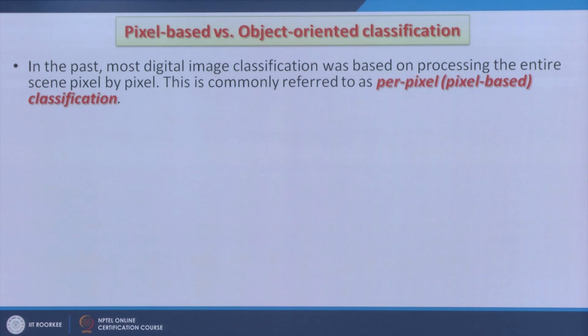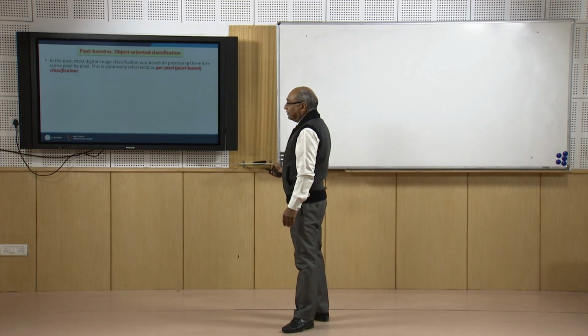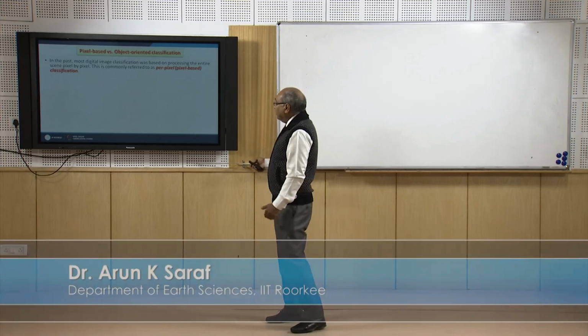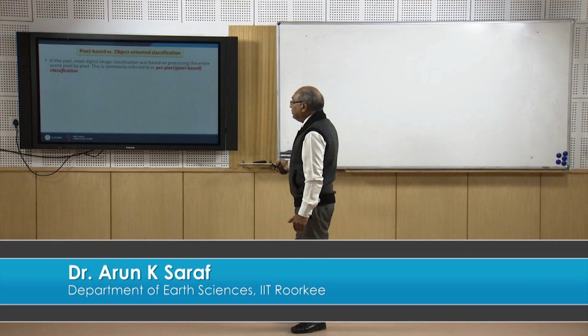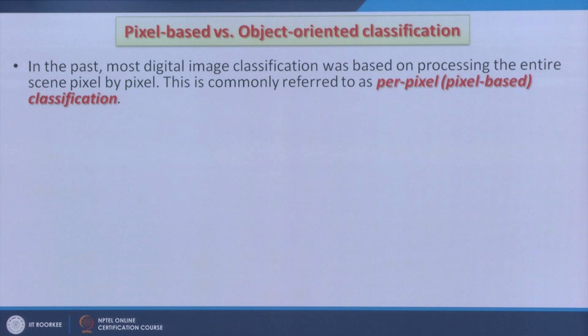There are some other classification techniques that are evolving and have become popular in recent times, which contrast with pixel based classification. So we compare object oriented classification versus pixel based classification. So far what we have been discussing is pixel based. Now we can improve on this. In the past, most digital image classification was based on processing the entire scene pixel by pixel.